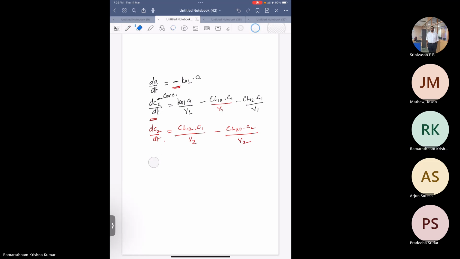So the initial condition A of 0, that is the drug. I'm going to give a dose. There are various ways in which I can give a dose. I can give a dose as a bolus, and we'll come to that equation. Let's say the drug is given for the first time, so there is nothing, 0.